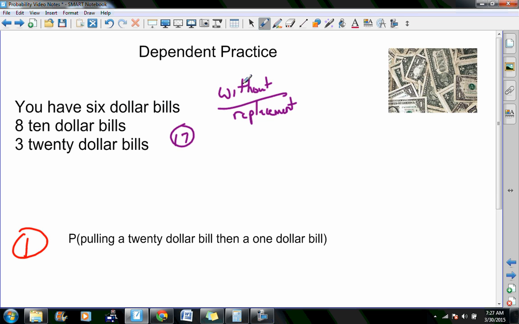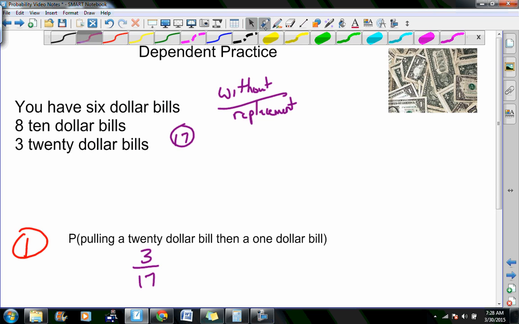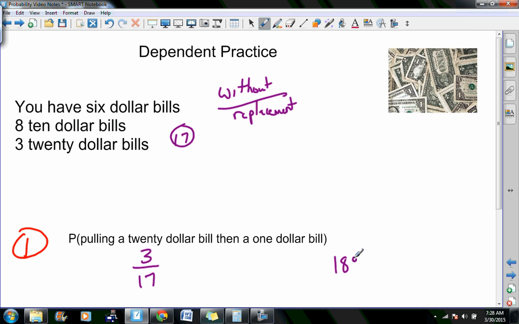So the probability of pulling a $20 bill, then a $1 bill. Currently, for a $20 bill, we have 3 of them out of 17 items, which is about 18%. So I'm going to put that over here. And then we're going to multiply that times the probability now of pulling a $1 bill.